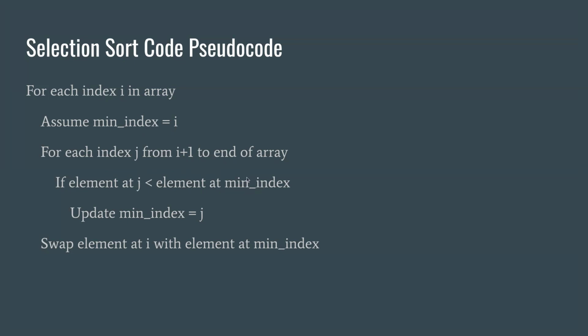If it's less than the element at the minimum index, you update the minimum index to j, and then you want to swap the element at i with the element at the minimum index.